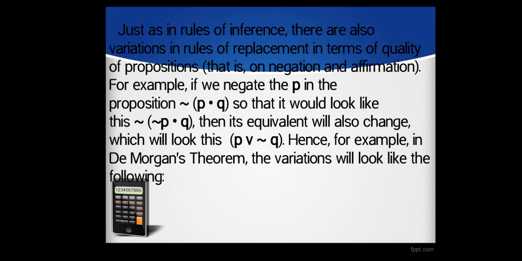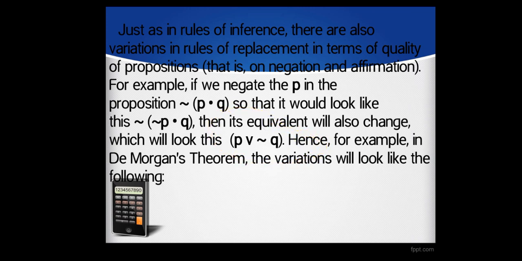For example, if we negate the P in the proposition not (P and Q), it would look like this: not not P and Q. Then its equivalent will also change and look like this: P or not Q. Negative times negative is equal to positive, and negative times positive is equal to negative.